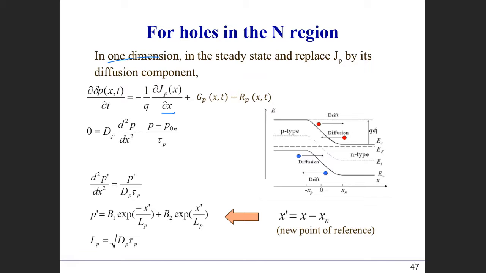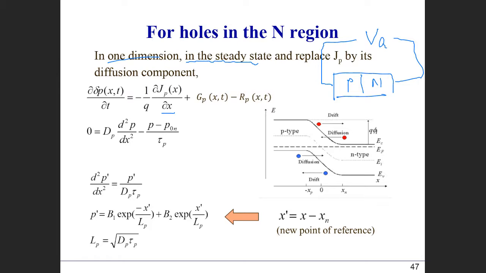The second simplification is to look at the steady state case. Steady state means that, say you have a PN diode and you apply a constant voltage without changing it in time.